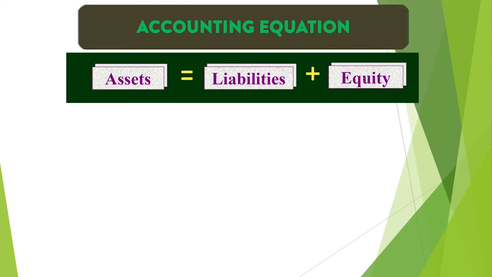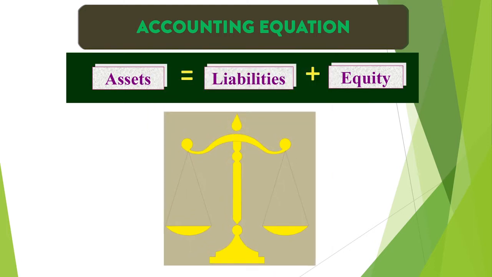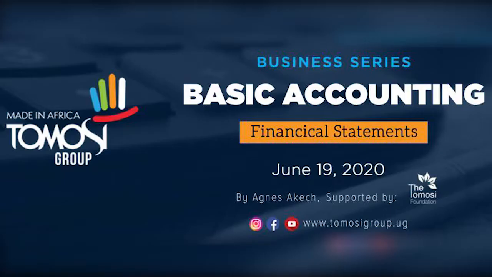Again, the liabilities are broken down into fixed or long-term liabilities and current liabilities. Then the last bit of the balance sheet comprises equity. Equity is broken down into share capital, retained earnings, and probably any other reserve.